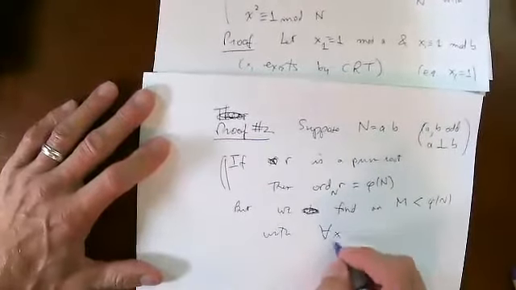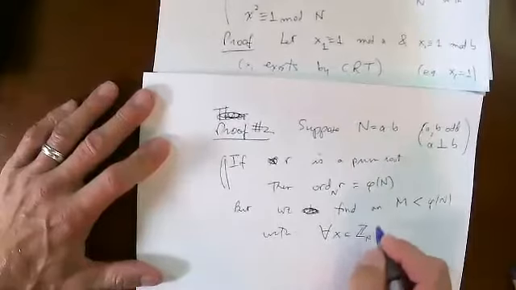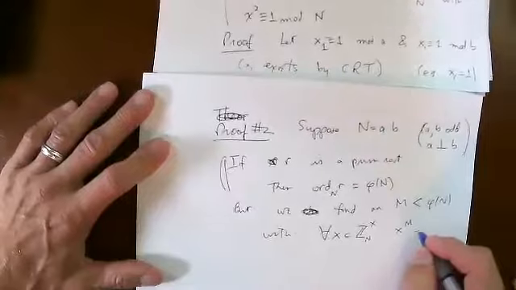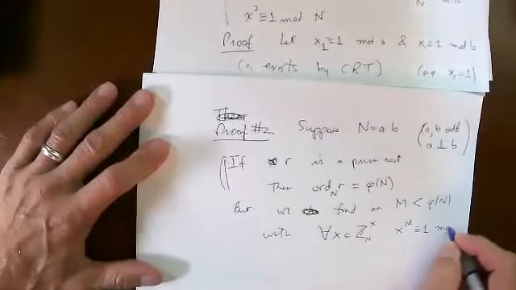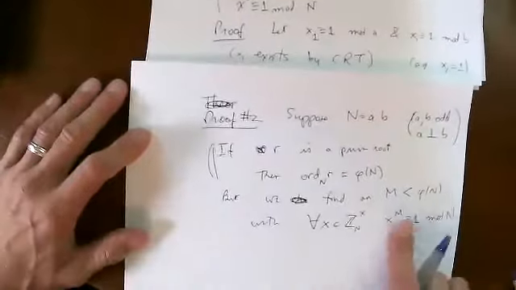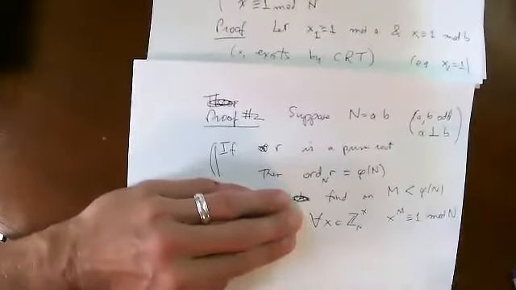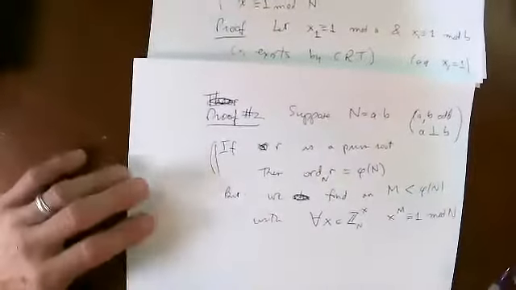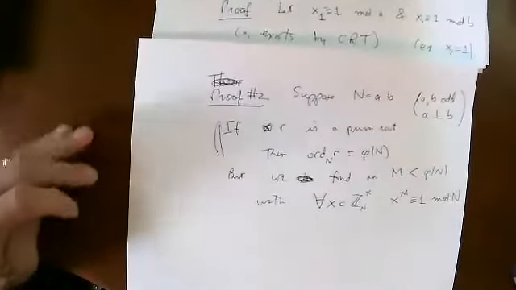It will be true that for all the invertible congruence classes mod n, when you raise x to this exponent, you'll get something that's congruent to 1 mod n, right? So Euler said that this kind of statement will be true when m is equal to phi of n, but we're going to beat him. We're going to find a smaller number. It necessarily would have to be a divisor of phi of n, but our smaller exponent would also work.